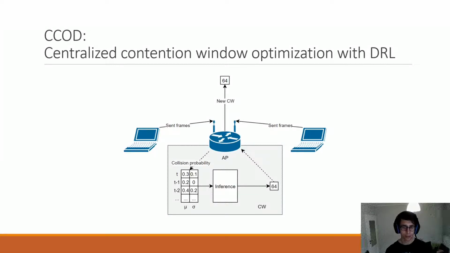While the devices in the network try to transmit their frames and sometimes fail, sometimes succeed, the access point keeps track of how many frames it has processed since the last update, so it is able to calculate the collision probability. In CCOD, the collision probability is then sent to the neural network for inference, which yields the currently optimal CW value. The CW is then broadcasted and accepted in the other devices.